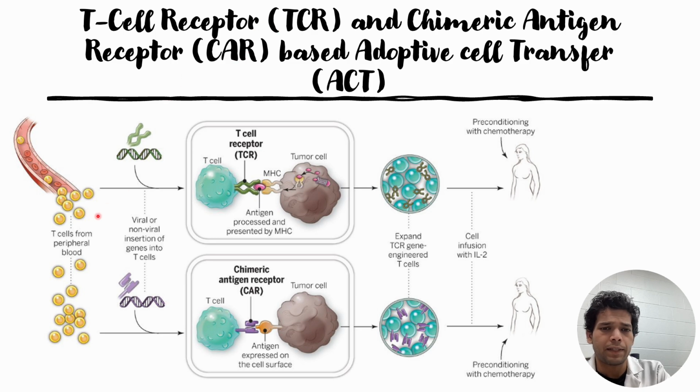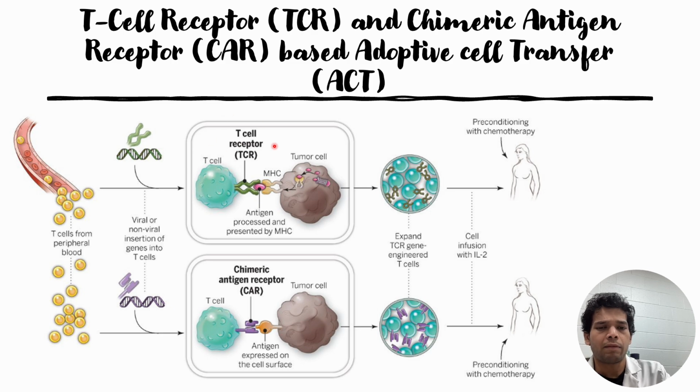So the idea is to take the T cells from the blood and then transduce them with either a T cell receptor based lentivirus or a chimeric antigen receptor based lentivirus. One can use other viruses also. The difference in the T cell receptor is that the TCR is basically expressed on the activated T cells naturally, and it has this alpha and beta chain that helps in the recognition of the tumor cells' antigen.